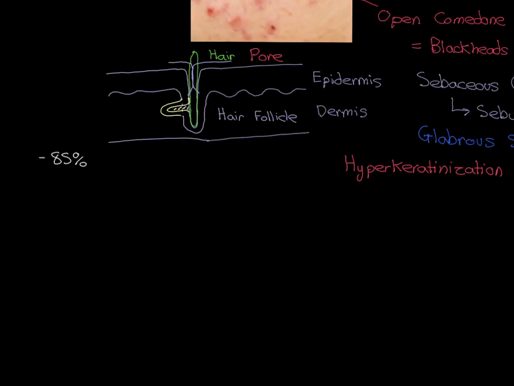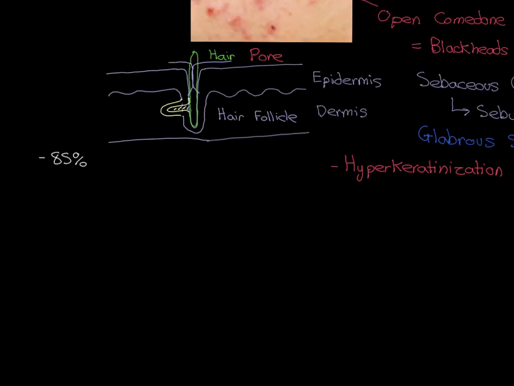When skin cells do not shed away quickly enough, the whole epidermal layer is going to become thicker, and this is going to cause a problem at the entrances to the hair follicles, because of course the entrances to the hair follicles are lined by epidermis, and when that epidermis gets too thick, it's going to end up occluding the entrance to the hair follicle. Okay, so that is what is meant by hyperkeratinization.